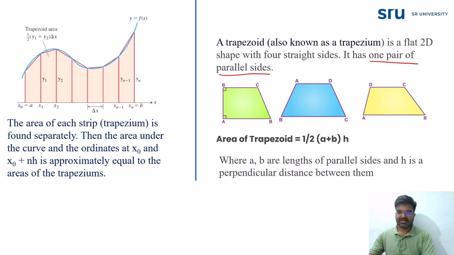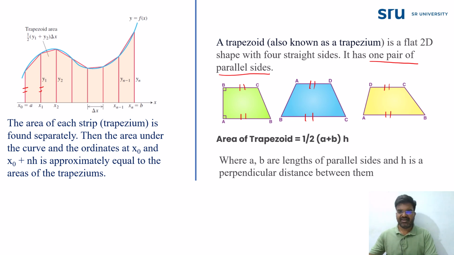You can see these two opposite sides are parallel. Here, these two opposite sides are parallel. These two opposite sides are parallel. This is the only condition for the trapezium. If you observe every subinterval, you can see these two lines are parallel. So this is one trapezium.